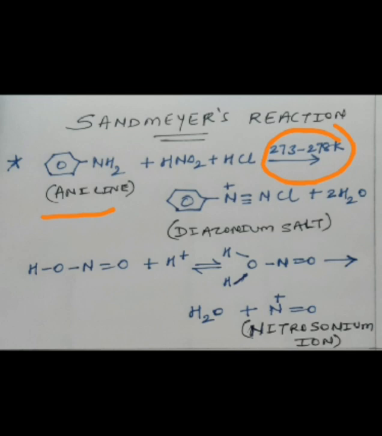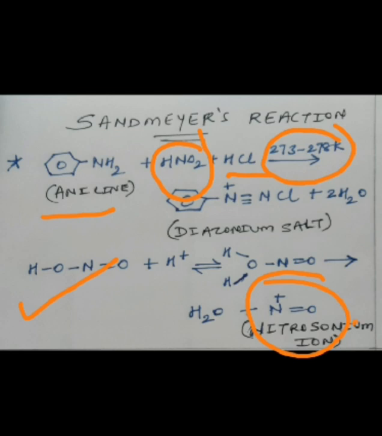Okay, so as soon as this mixture, that is the combination of sodium nitrite and HCl, interacts, they have a tendency to produce nitrous acid, HNO2, right? Now this HNO2 in presence of acid results in the formation of a nitrosonium ion, right?